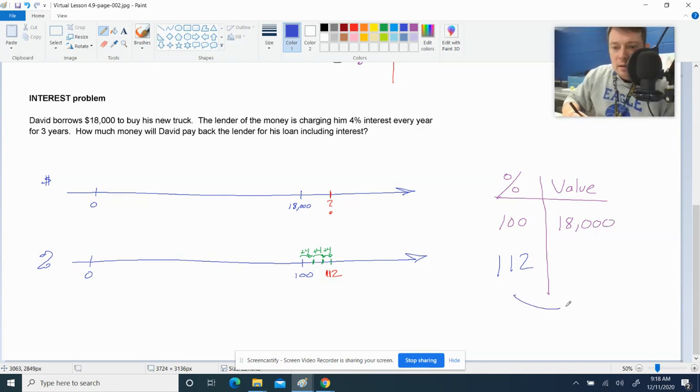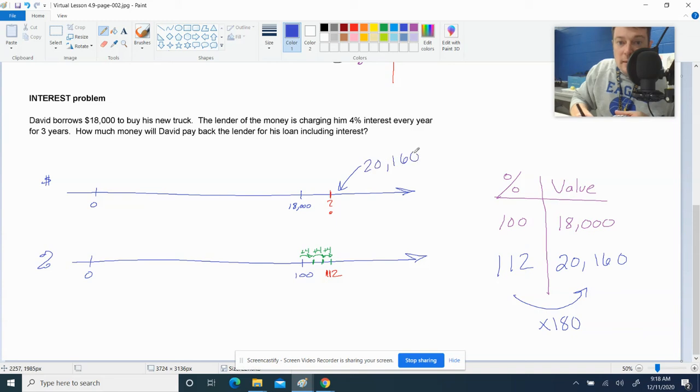That would be a constant of 180. So all I've got to do is 112 times 180, which is $20,160. He's got to pay them back that much.